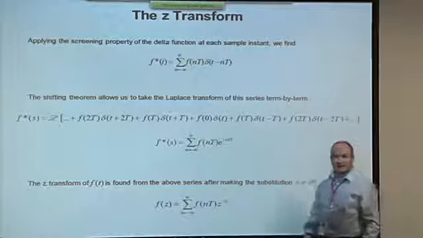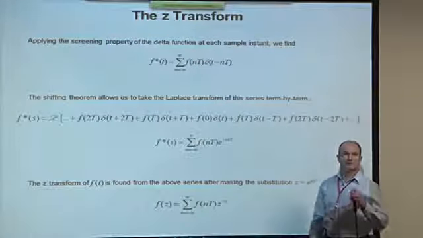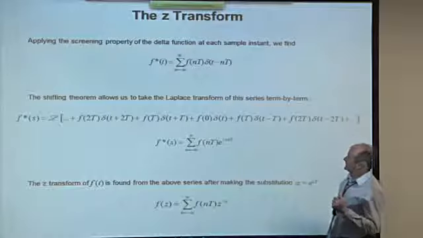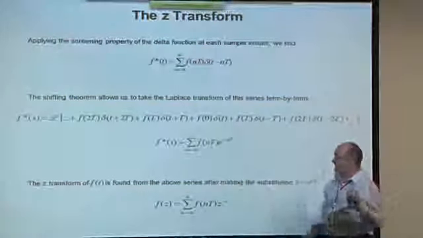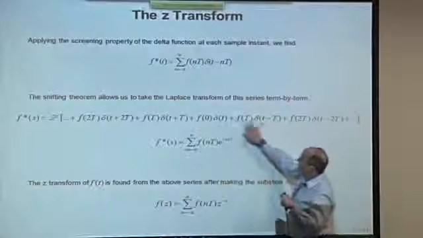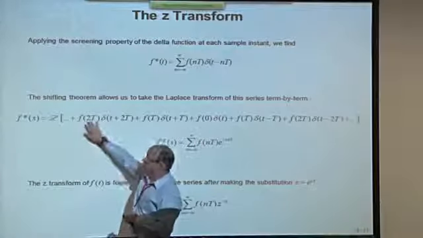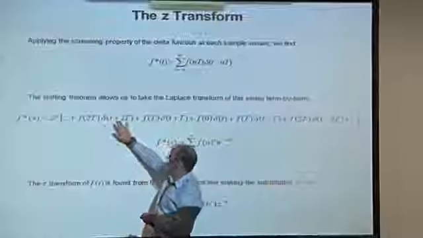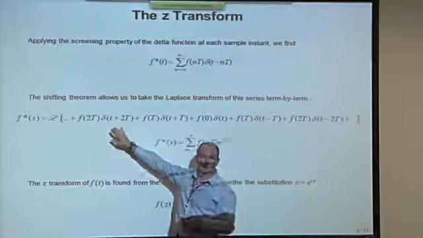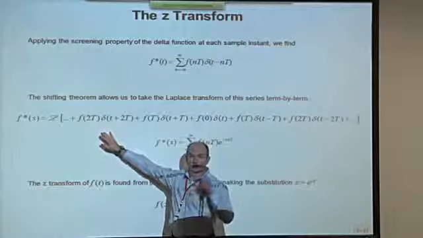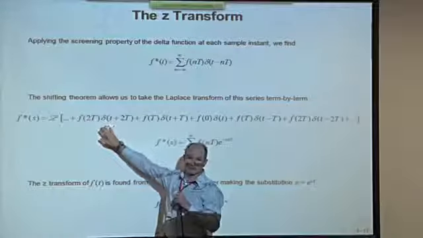Now I'm going to take the Laplace transform of that, and it will lead me to the z transform. It's an infinite series, so let's begin by expanding it out. So here are all the terms in the infinite series, each of which is a continuous function of time multiplied by a delta function. Now, the Laplace transform of a delta function is 1.